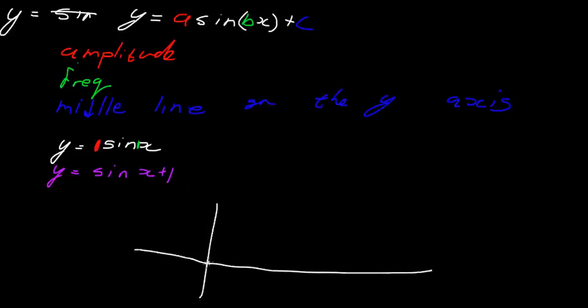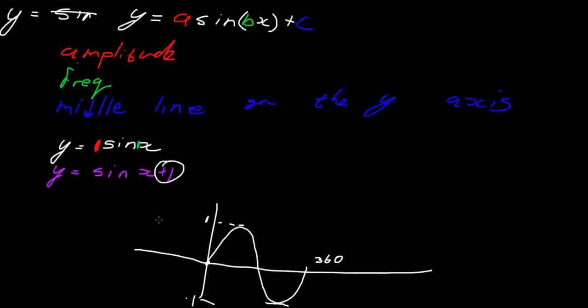So our sine graph starts at 0, bam, bam, and there's 360 degrees. So what does this plus 1 do? It just lifts the whole graph up by 1 on the y-axis. So this point is at height 1. This point is at height -1. Okay, so lift the whole graph up by 1.